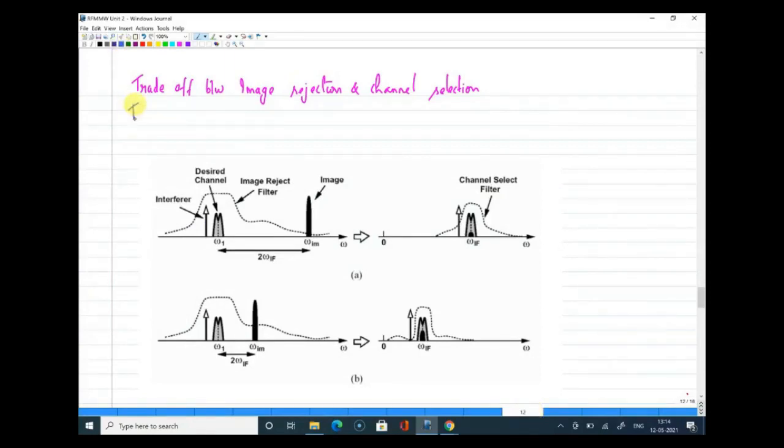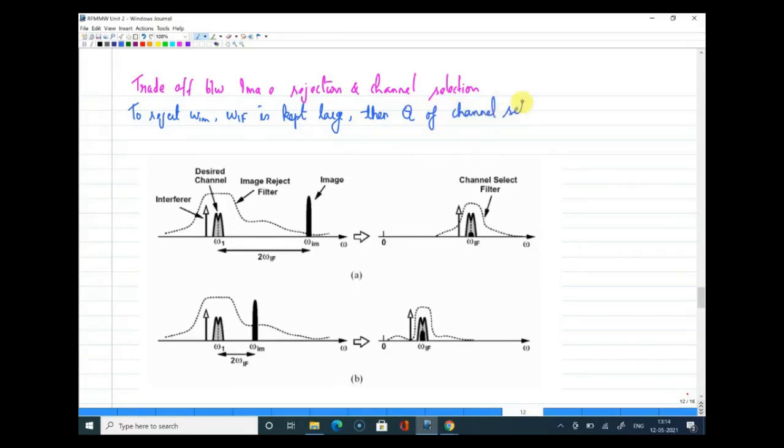In order to reject the image frequency, what we are doing is keeping omega IF large. Omega IF is kept large. Now by keeping omega IF large, this is leading to high Q factor requirements for the channel select filter.